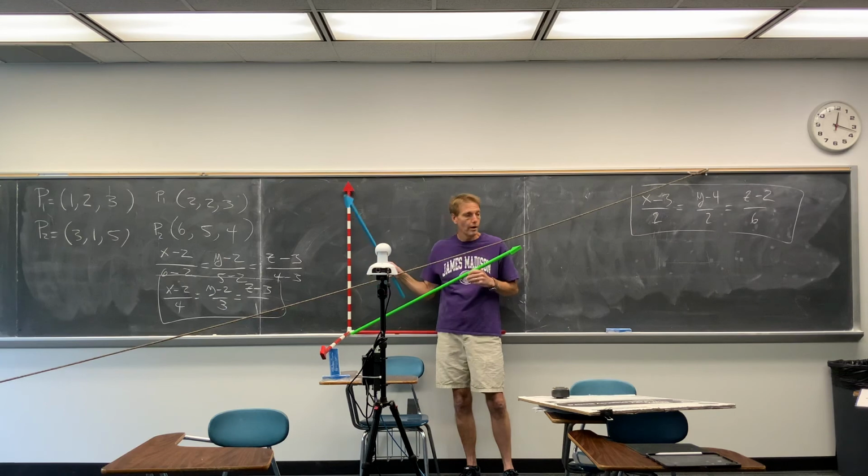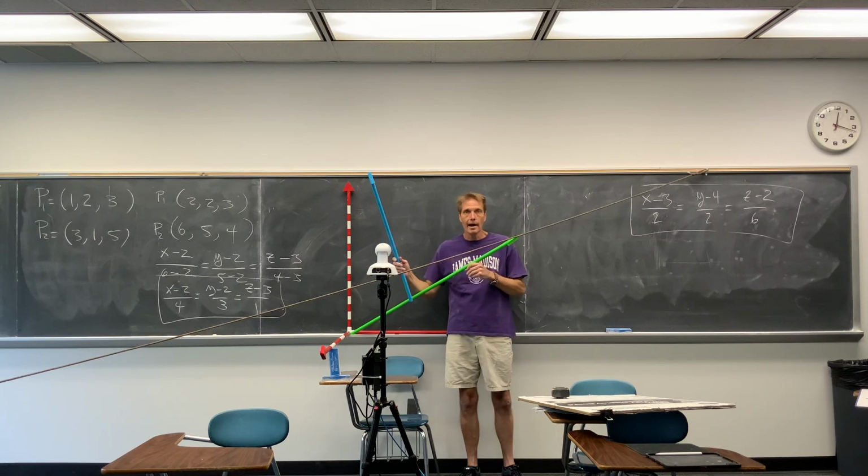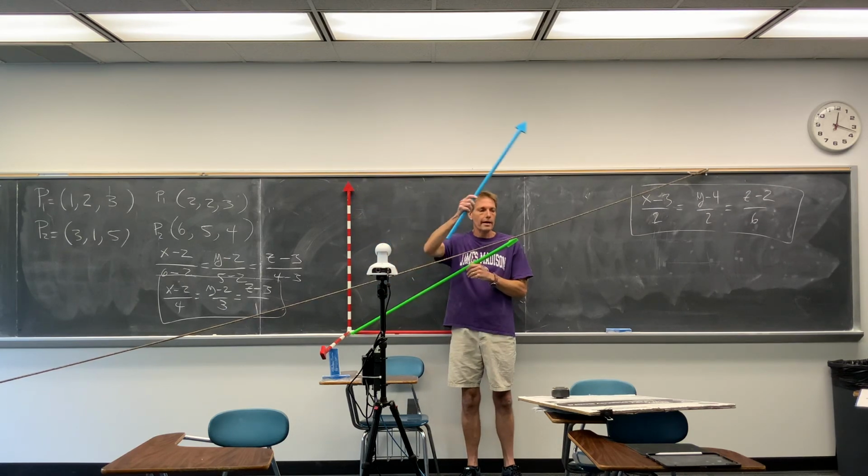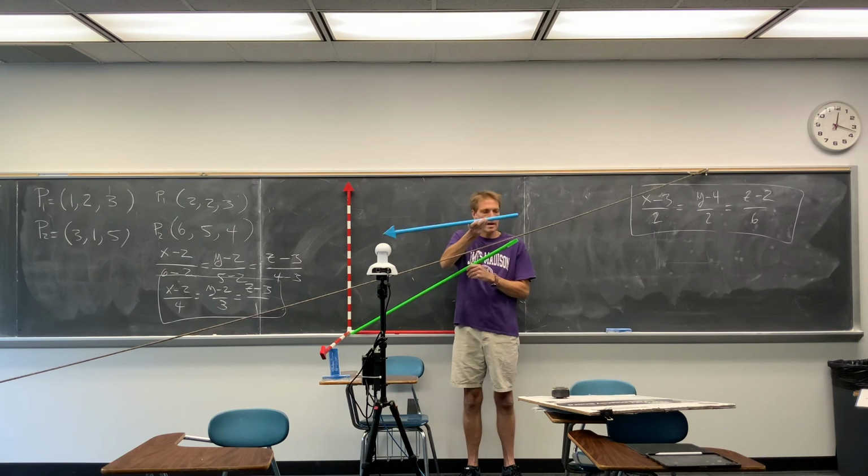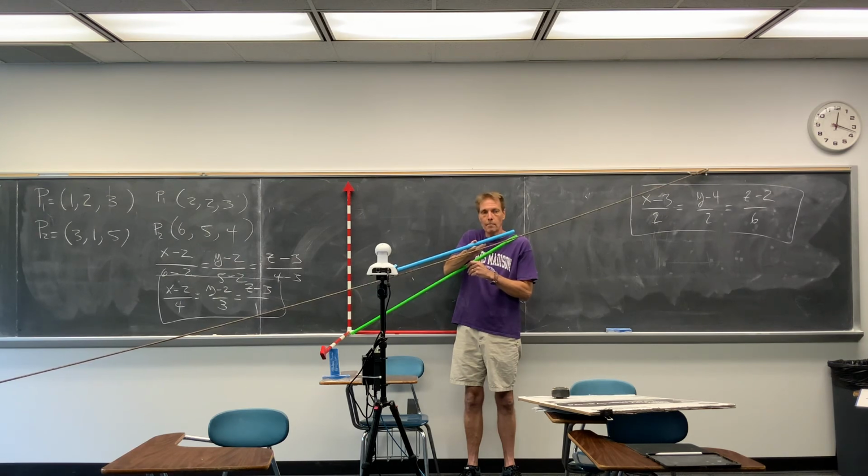Here's my A, and then my d is going to be maybe like this. My direction vector lies on my line. So now, let's pick a value for t. I say line, you say A plus td.